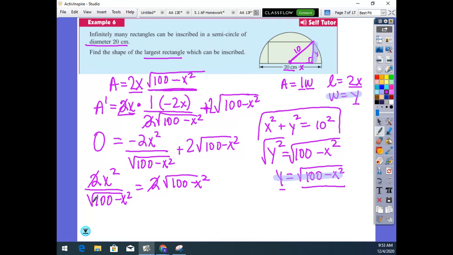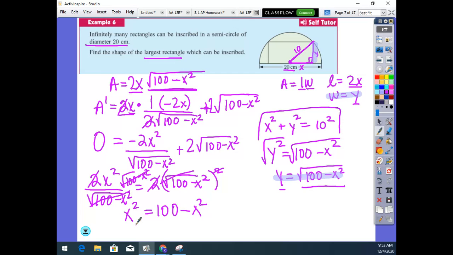Then I'm going to multiply both sides by this radical because I want to cancel this out of the denominator. But what happens if I take a radical times itself? I'm really just squaring it, right? So this side, the radical goes away. And this squaring, or taking it times itself, takes the radical away, and I'm just left with what's underneath the radical.